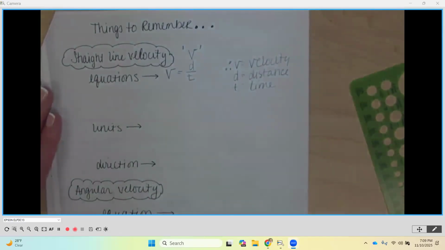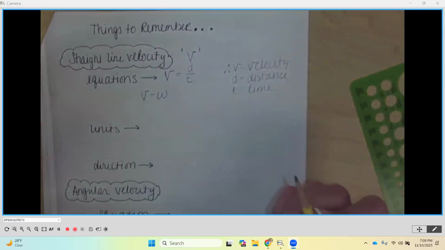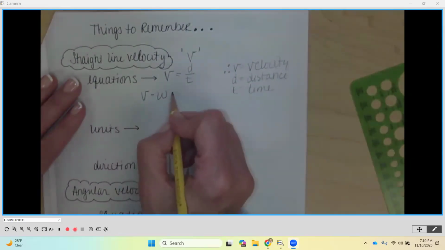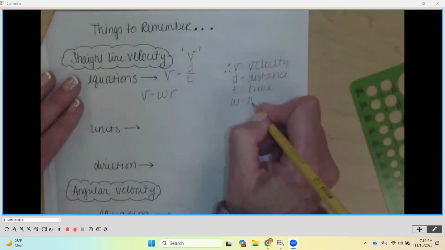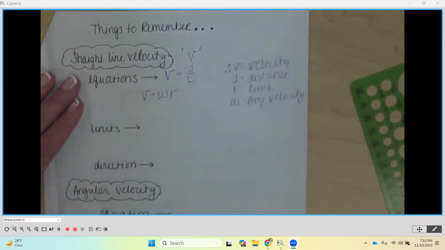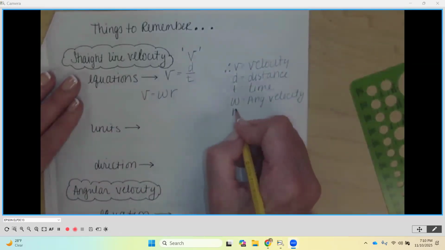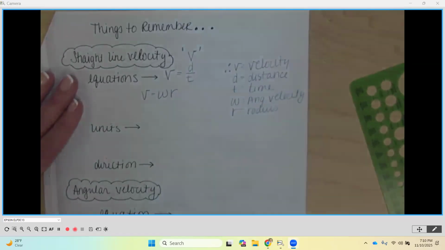What's the other equation for straight line velocity on a rotating link? Yep. So we have v is equal to w, or lowercase omega, times the radius, right? Where w equals angular velocity, okay? And r equals radius of rotation, right?